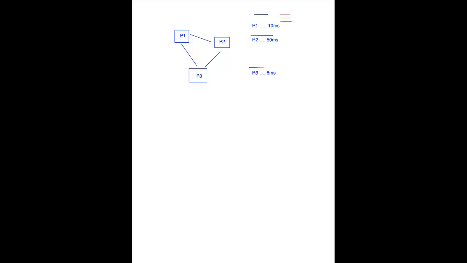So you must acquire the resources before the beginning of execution of that process.